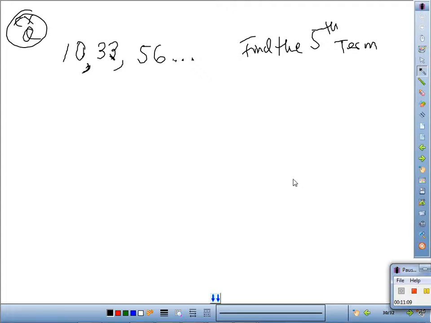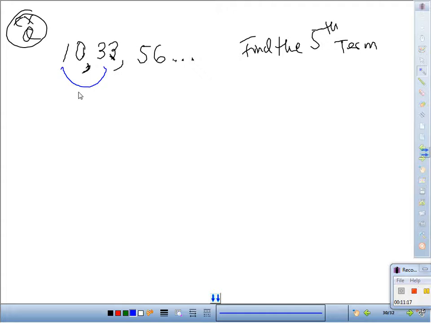So here we go. This is what I asked you to do. Number one, identify the pattern. So let's see what's happening from here to here. It's adding 23. From here to here, let's see if it works again. Yeah, it's adding 23. So if it's adding consistently all the way through, then this is an arithmetic sequence.